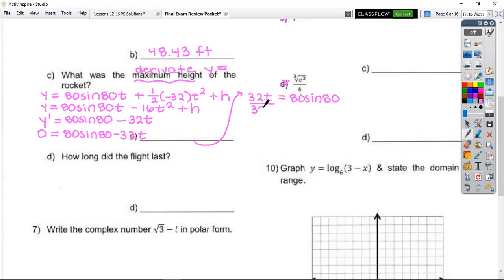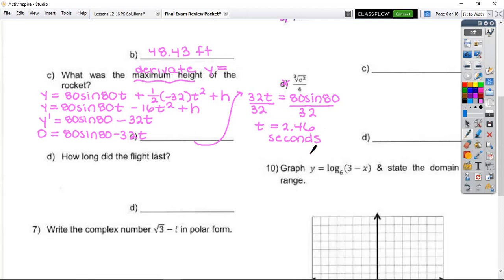So this is the time that the maximum height occurs at. It's not going to be your final answer just yet. So you're going to go 80 sine 80 divided by 32. I got t is equal to 2.46 seconds. So that is the time at which the maximum occurs.